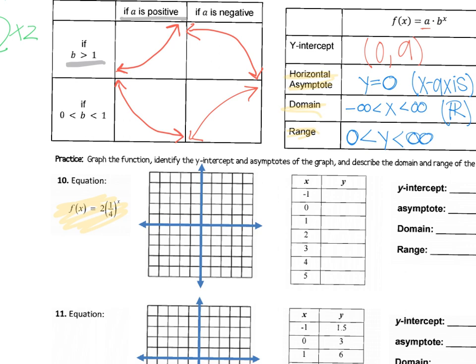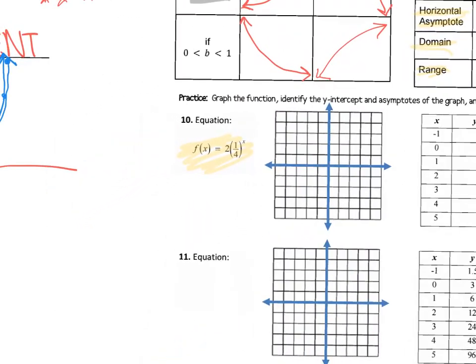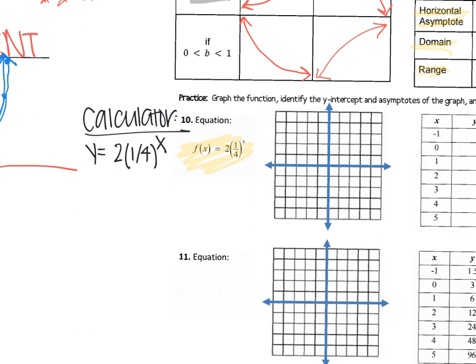So again, this is how I would do it. Calculator way. Hit y equals on your calculator, plug in 2 times 1 divided by 4, and then do the little caret button with an X, and then you're going to hit second graph.